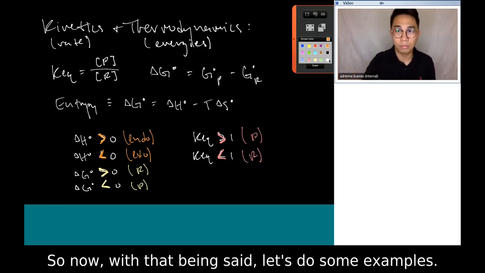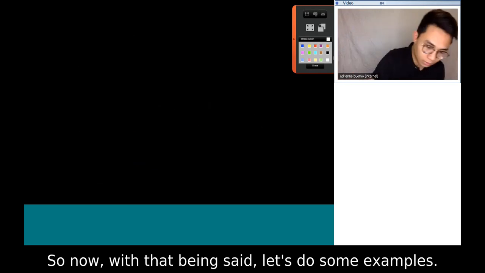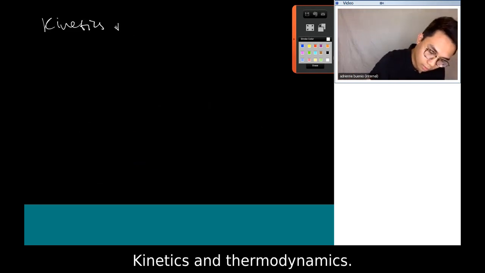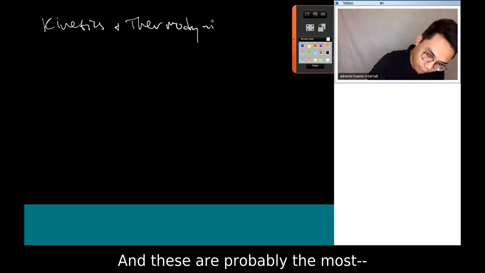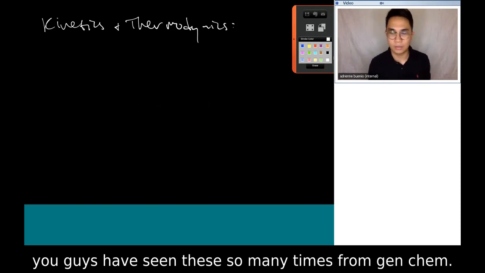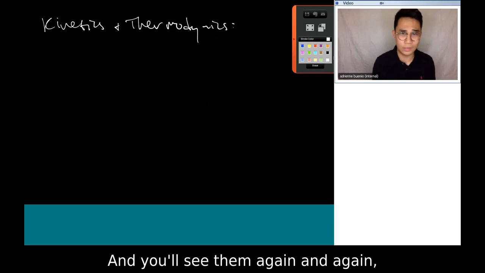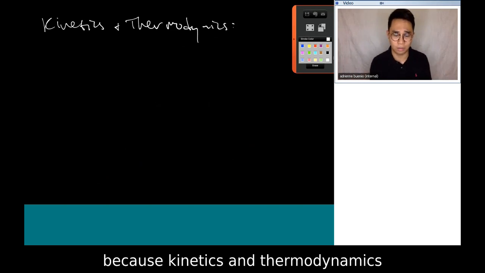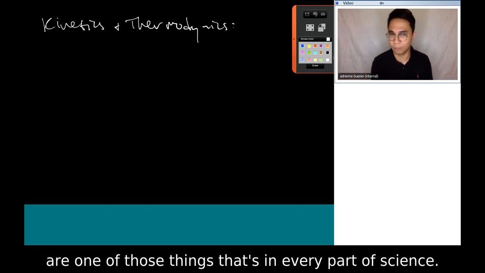So now, with that being said, let's do some examples. Kinetics and thermodynamics. You guys have seen these so many times from Gen Chem, and you'll see them again and again because kinetics and thermodynamics are in every part of science, right?